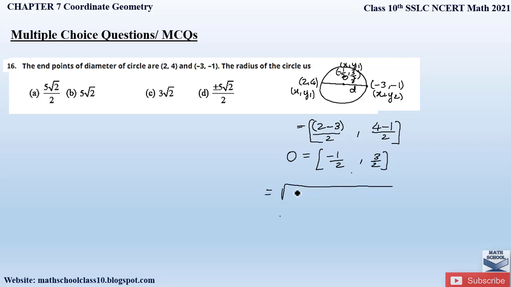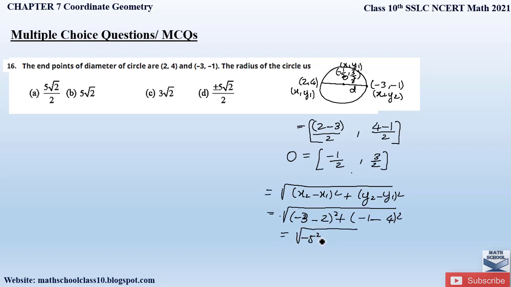That is square root of x2 minus x1 the whole square plus y2 minus y1 the whole square. So x2 is minus 3 minus x1 is 2 plus y2 is minus 1 minus y1 will be minus 4, the whole square. This will be minus 5 square plus minus 5 square.